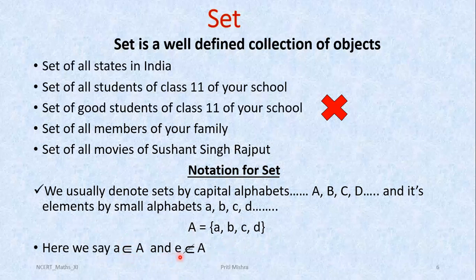And here I am saying e does not belong to set A. So this is the symbol which says that e does not belong to set A. The only difference between these two symbols is that the symbol of belongs to gets cut by a line. So this is the representation, the notation for a set.